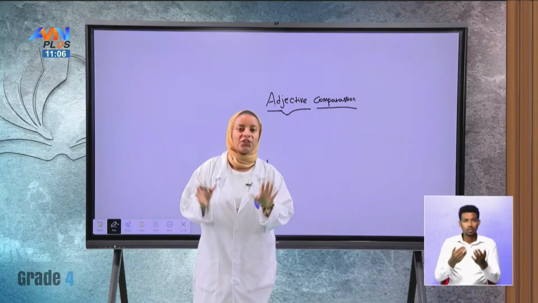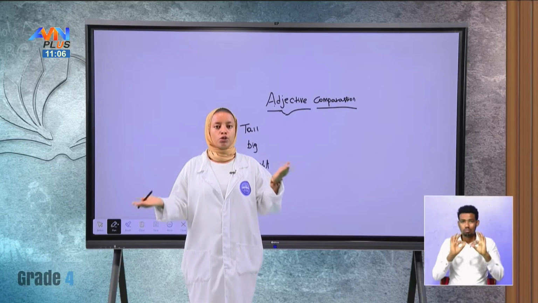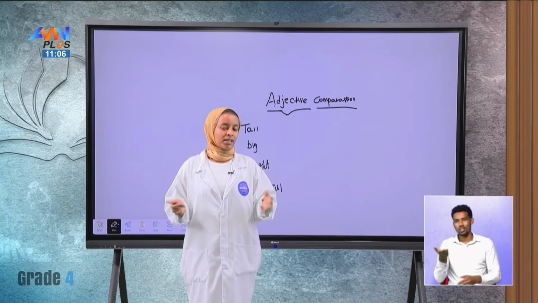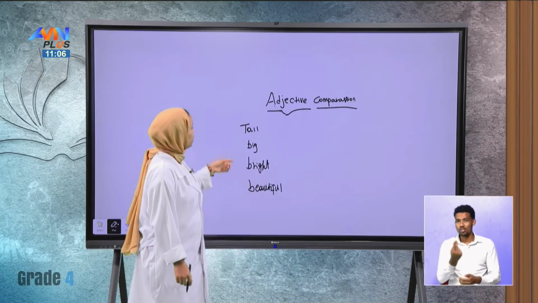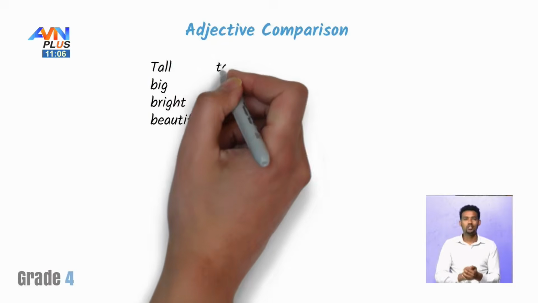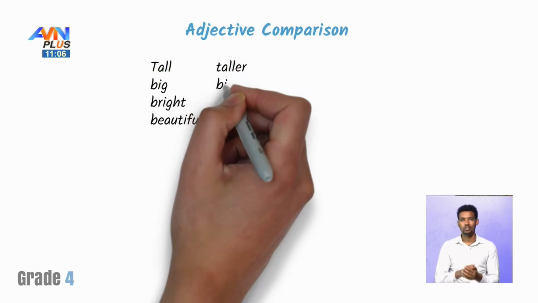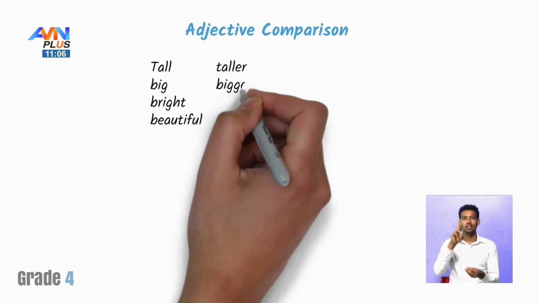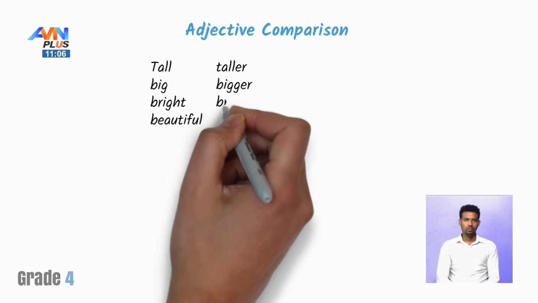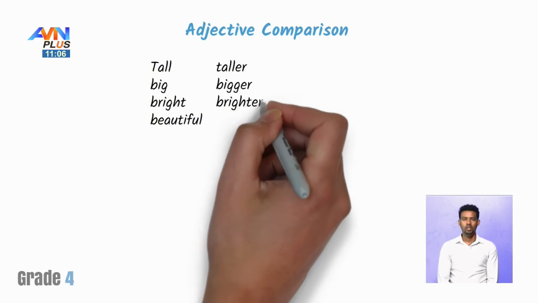When we say comparison, we are comparing two things. Easily, by adding er at the end of the adjective. Here is beautiful.